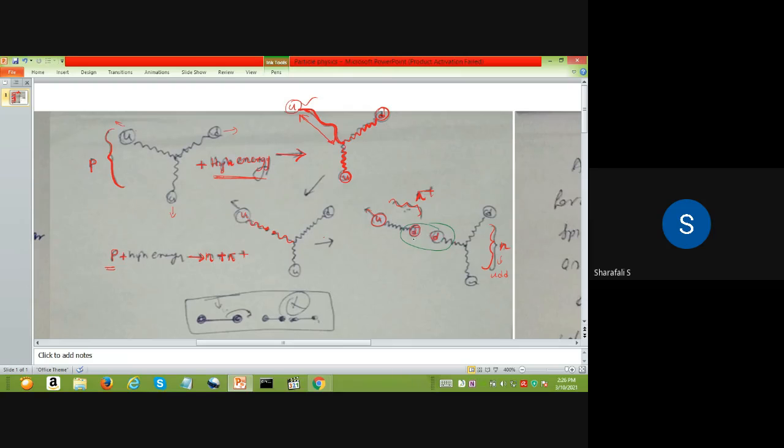So in this particular case, a down quark and an anti-down quark pair is produced because of that high energy, and that will form a pi plus and a neutron. So it is not possible to separate or to get a free quark by applying very high energy. Instead of that, we will get another pair, which is a baryon. So that is the confinement of quarks.